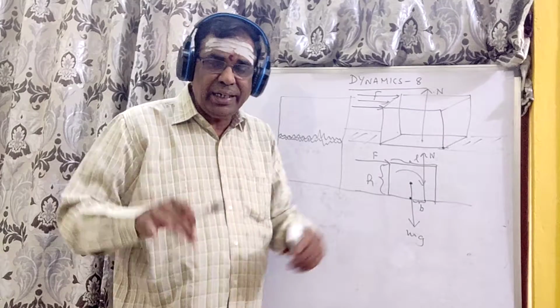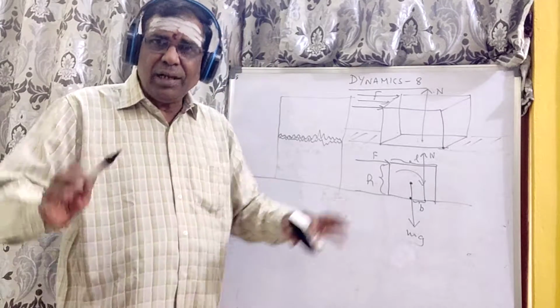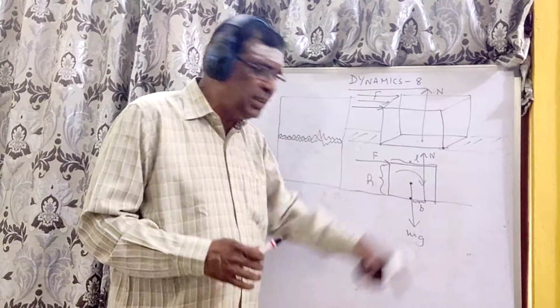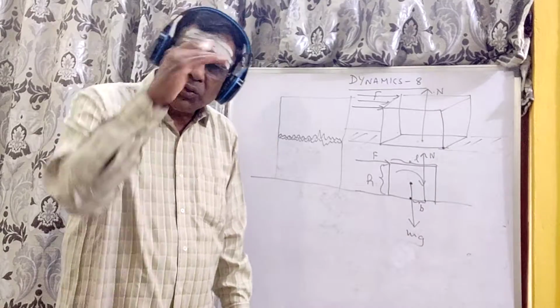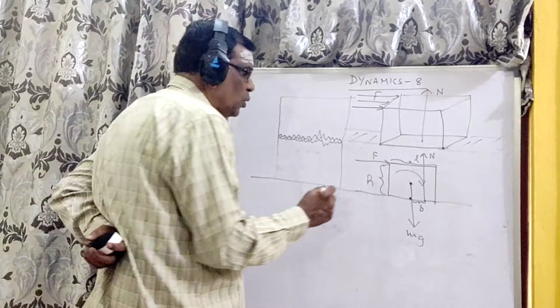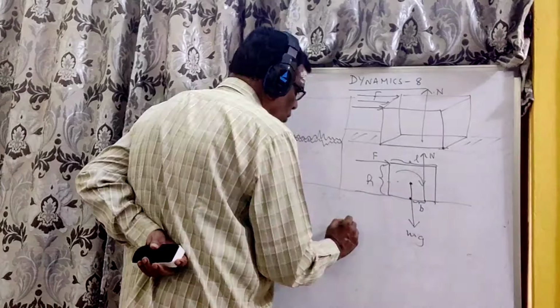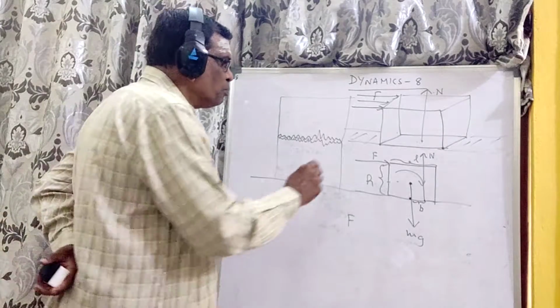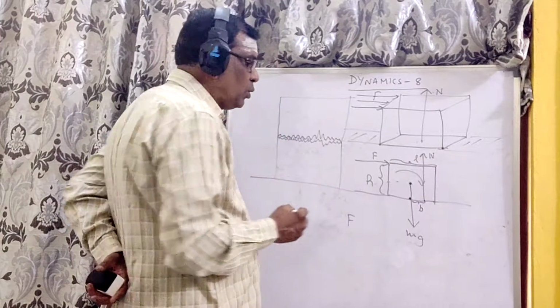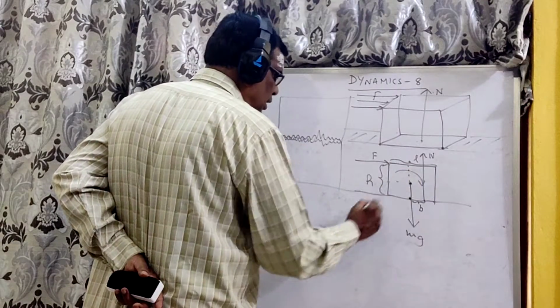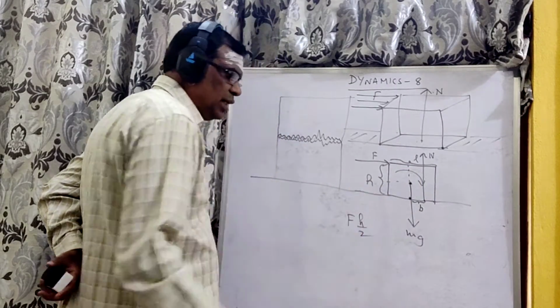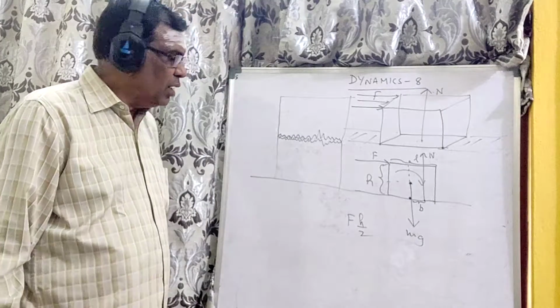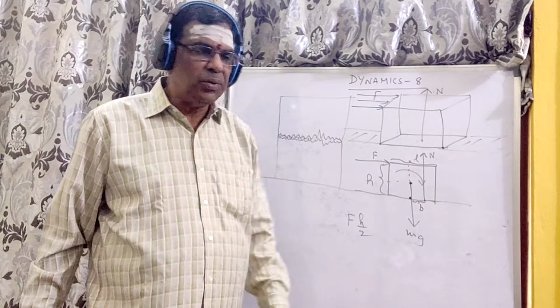Body is not getting rotated. Body is not getting toppled. But the tendency of that body is to topple. So, what is the magnitude of that moment of force? Magnitude of the force into the perpendicular distance, which is h by 2. F into h by 2.